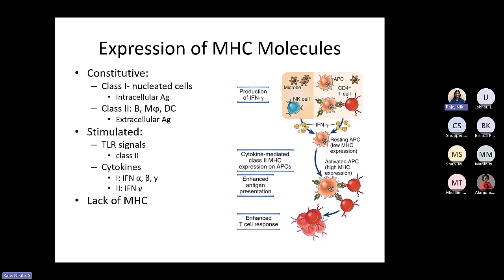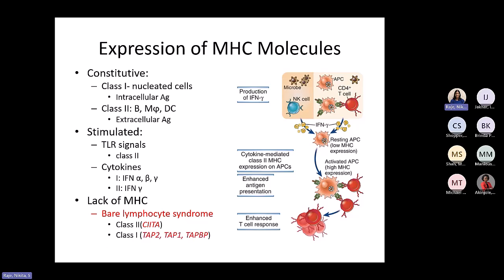What happens if there is a lack of MHC? If the genes are defective, they give rise to what we know as bare lymphocyte syndrome, which means the lymphocytes do not have either class 1 or class 2 MHC. If class 2 MHC is affected, such as in a defect called CIITA, class 2 transcription activator defect, there are no class 2 MHC molecules on the surface of professional antigen-presenting cells.